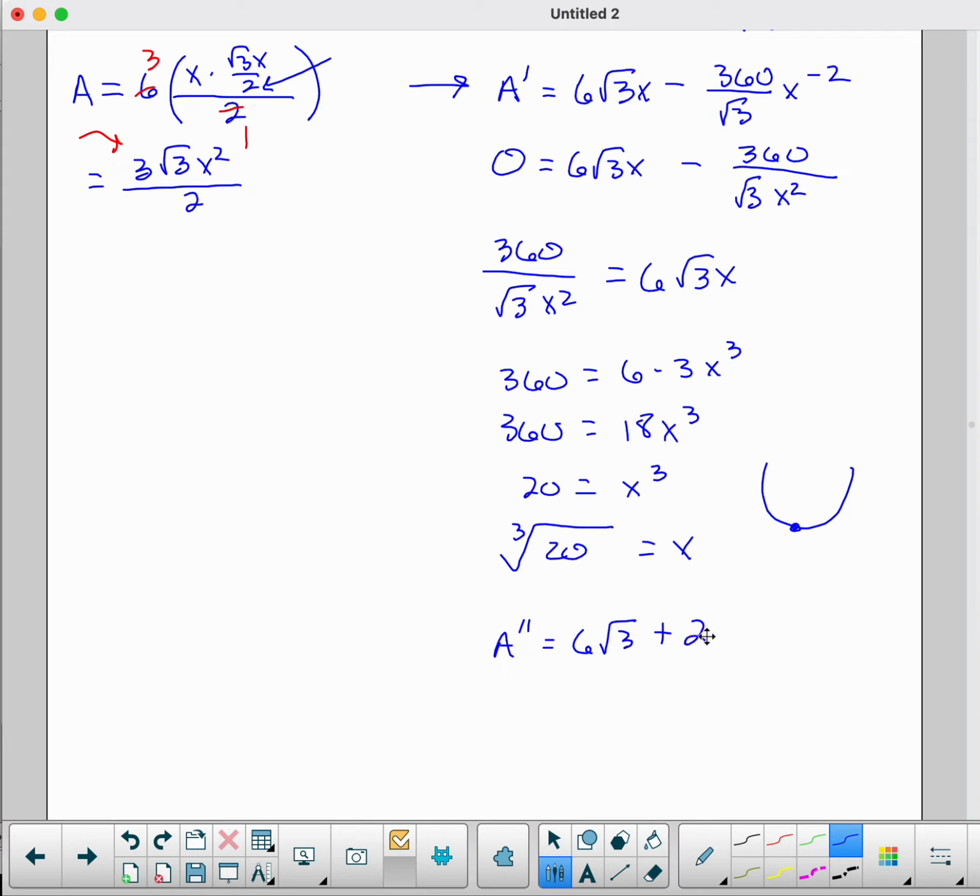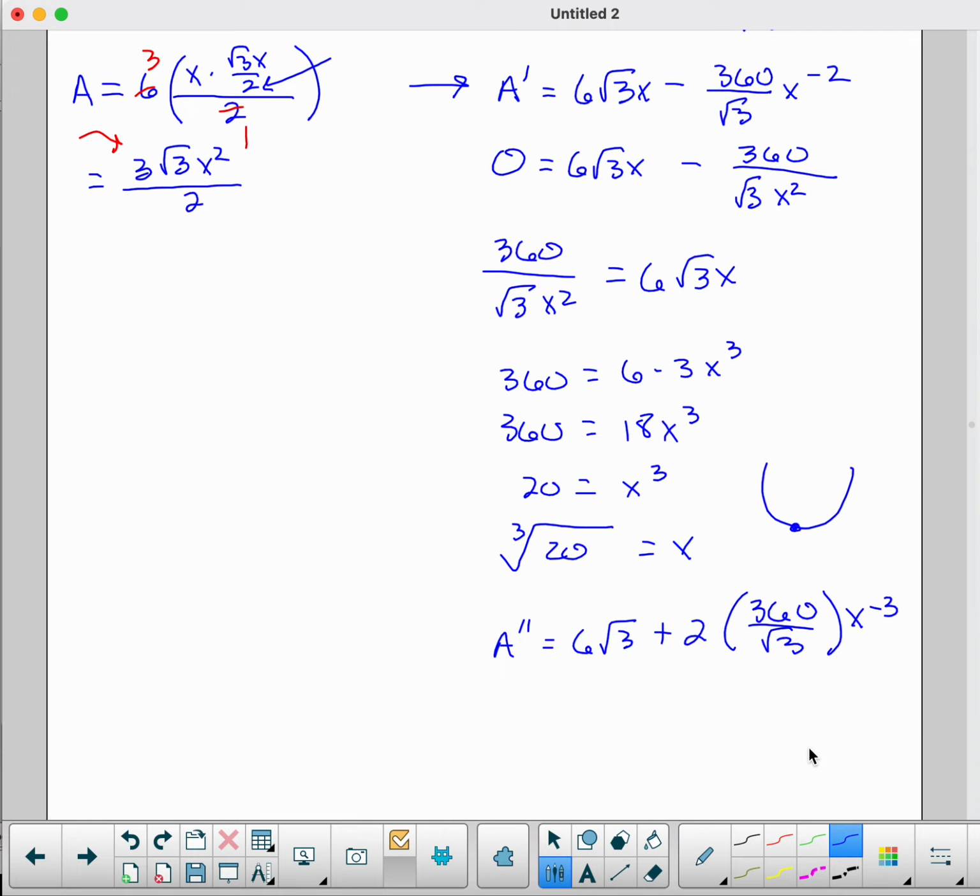We'll finish it out, though. So 2 times 360 root 3 x to the negative 3. Now, don't let the negative bother you. Remember, that would just become x cubed down low.